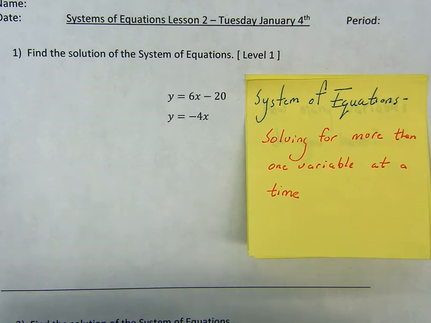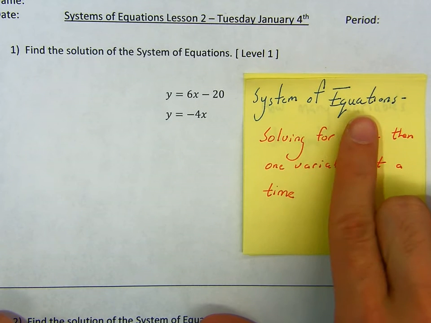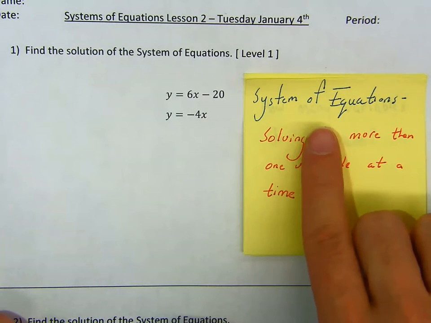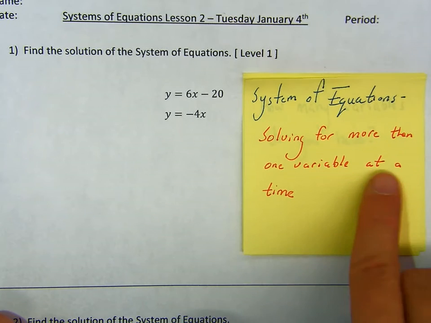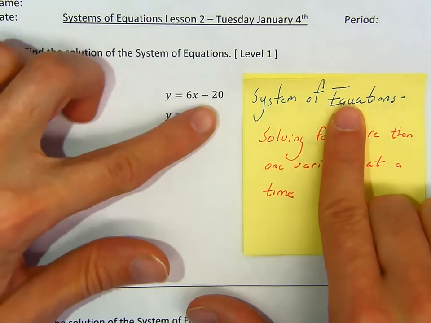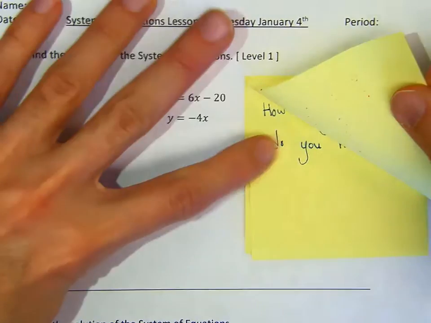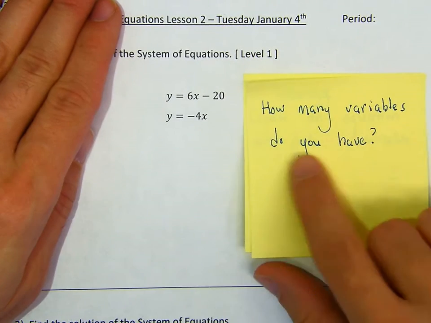Today will be our second lesson on systems of equations, and just to have a brief definition here, when you're solving for more than one variable at a time, we create a system of equations. So when you take a look at this equation over here, notice how many variables you have.